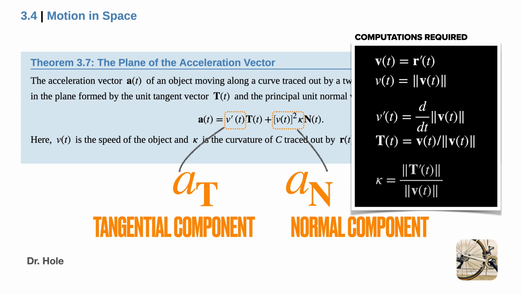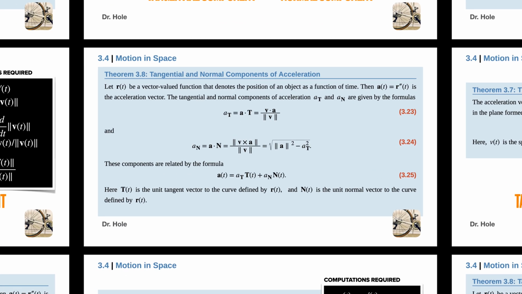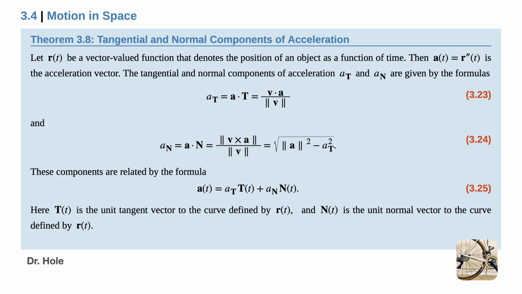Because the normal component involves curvature. Well, yes, that is a lot of computation. So why in the world should we get so excited about the tangential and normal components when it's so involved? Well, we actually have simpler computations for coming up with the components of acceleration, a sub t and a sub n.